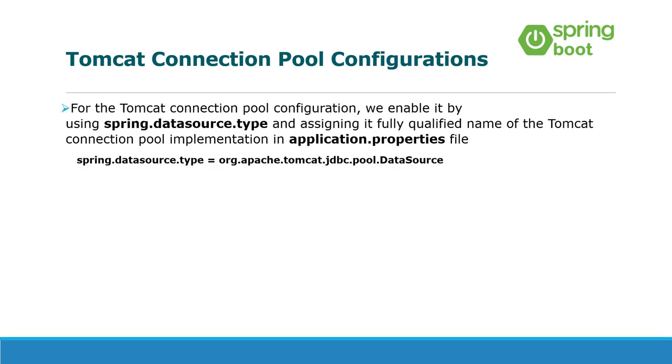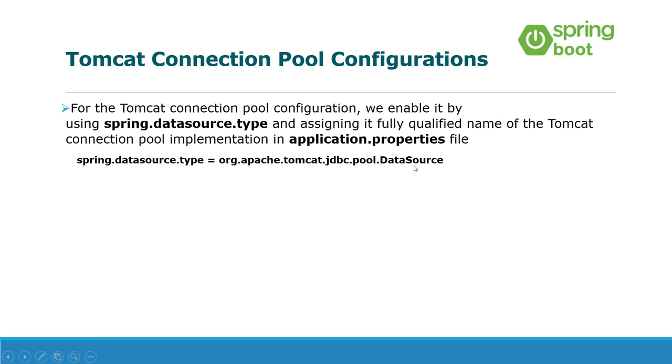Now when we talk about the Tomcat connection pool configuration, we need to enable it by using spring.datasource.type, and you have to assign the fully qualified name of a class in your application.properties, right?